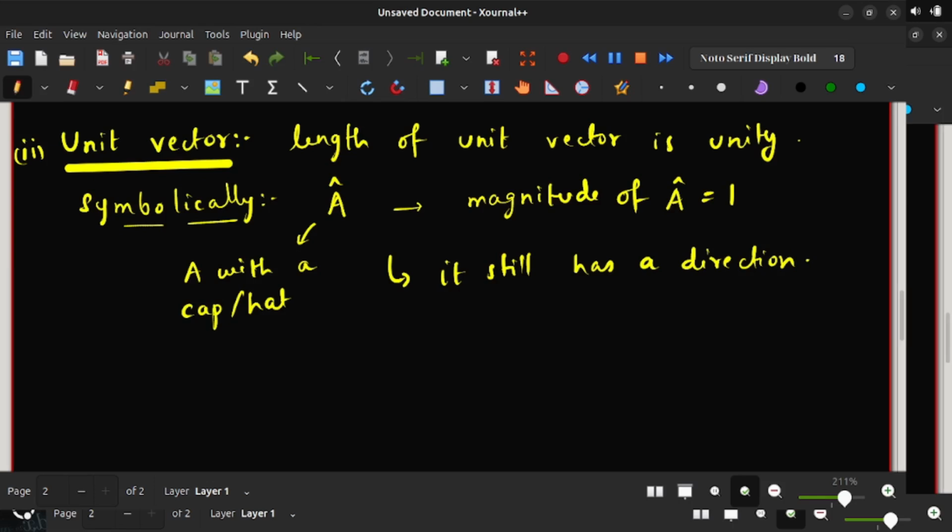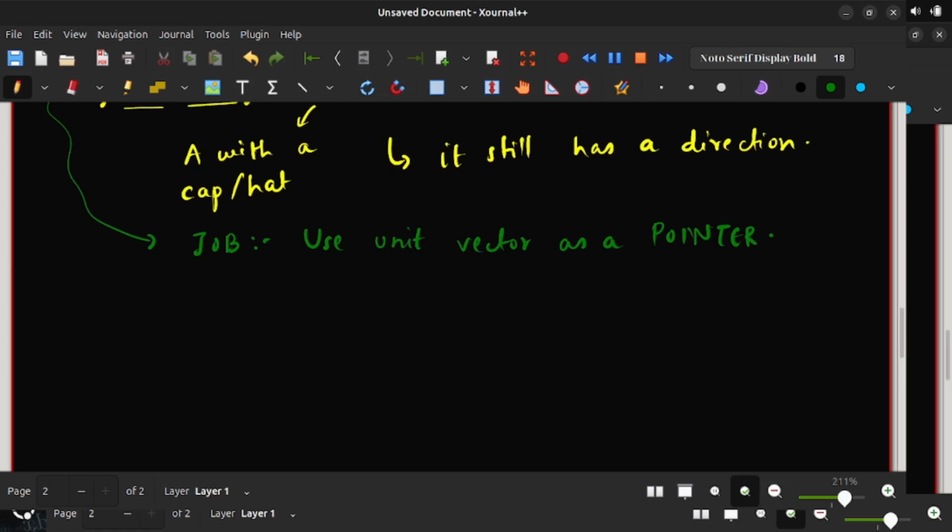A unit vector's job is basically to be used as a pointer. Even in games, you might have seen that when you are moving in one direction, there's a pointer in front of you that is telling you in which direction you are moving. So the whole job of a unit vector is just a pointer. It gives direction.